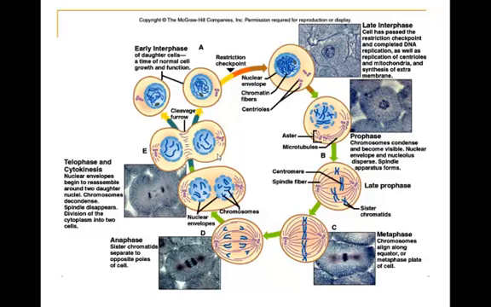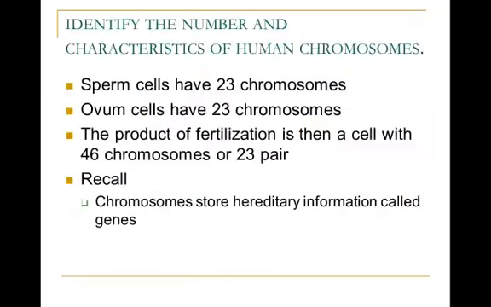Why I wanted this picture here is to look at our little chromatin. See all these little bits here and here and here, and then they condense and form those chromosomes that I was talking about earlier. And then we have cell division. One of the things that's important to remember about chromosomes is that when we're producing a new individual, we need a sperm and an egg cell.